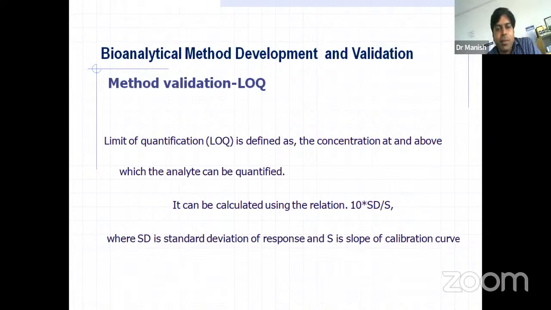It can be calculated by using the formula 10 into standard deviation of y-intercept divided by average of slope. So the same thing we are going to use: as numerator the average of 9 y-intercept values, and the average of 9 slope values, and the value of LOQ you are getting should be less than the LLOQ in the calibration standards.